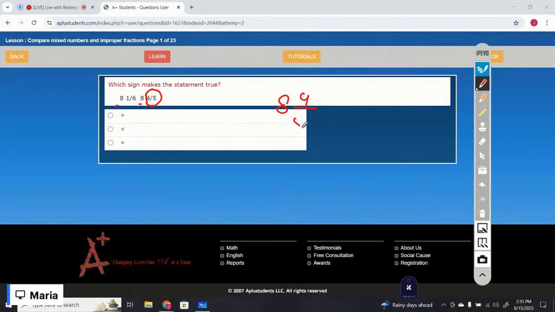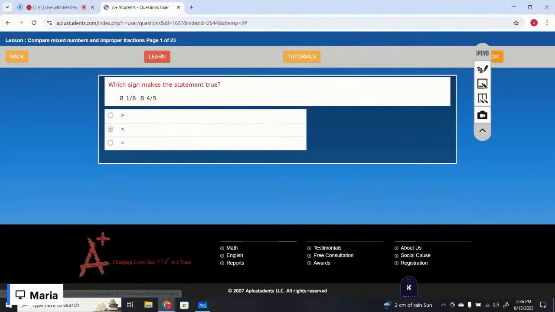So 8 whole 1 by 6 is less than 8 whole 4 by 5.